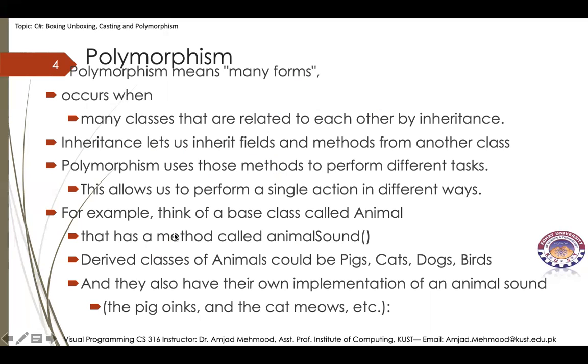For example, if you consider an animal class, and in the animal class you have animal sound, you derive different classes from the animal, like pig, cat, dog, or bird, and they have their own implementation of the animal sound. As you know, each animal has its own sound, so each animal will deploy that method in a different way. So this is actually what we say, many forms of the same thing.